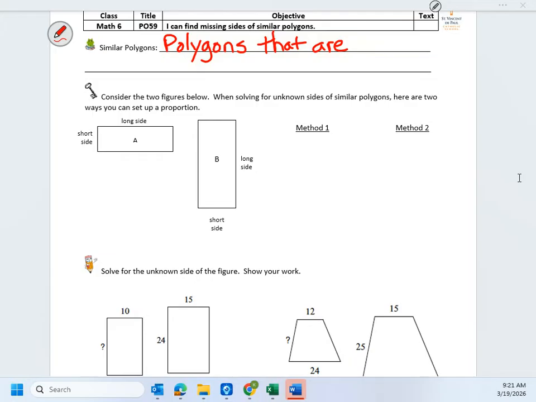Proportional. They are proportional. And the way we say it, our catchy little term to show that they're proportional is we say same shape, different size.